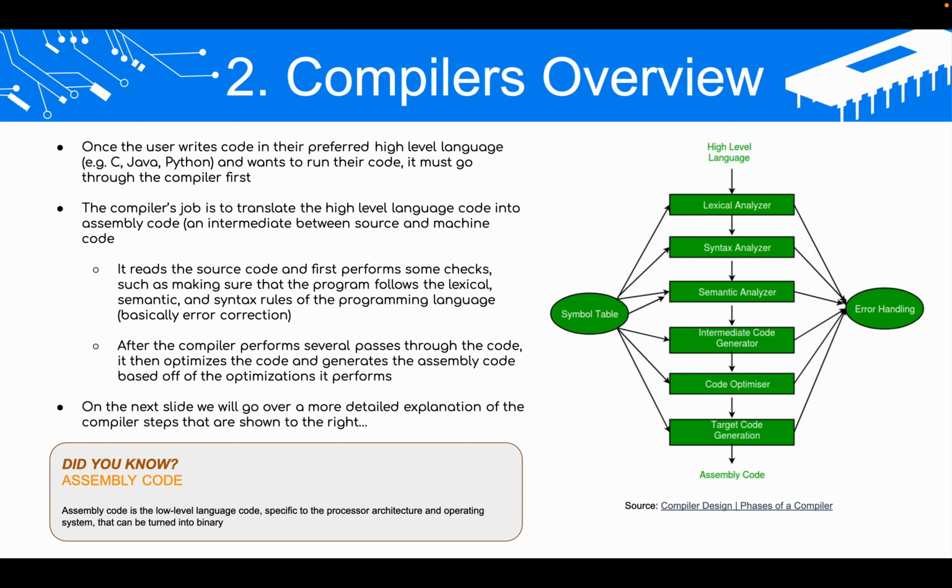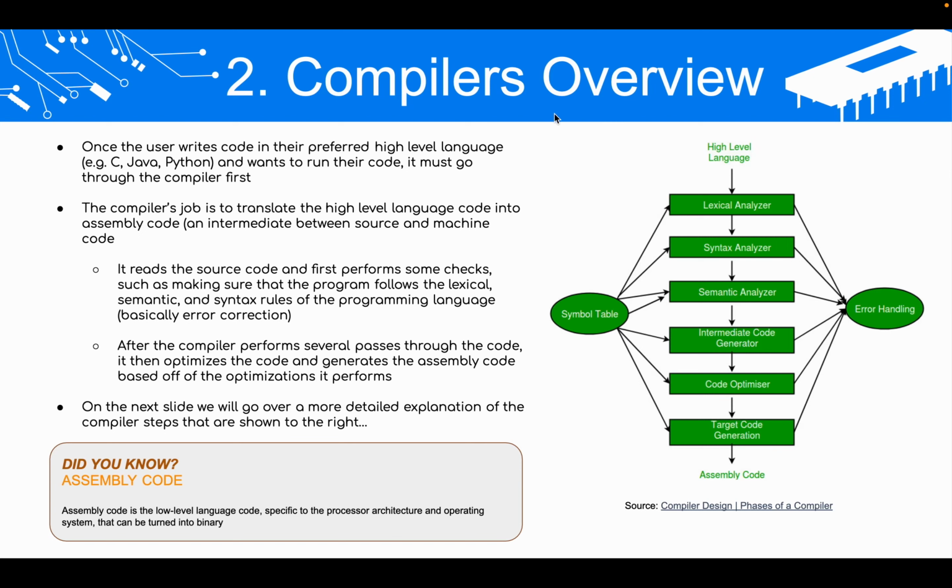And then after the compiler performs these passes through the code, it then optimizes the code and generates the assembly code based off these optimizations. And we'll be discussing a more in-depth explanation of these steps later on.